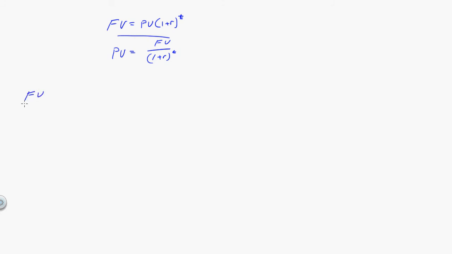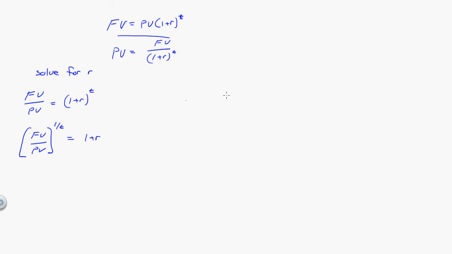Future value divided by present value is equal to 1 plus r to the t. Let's solve this for r. Sorry, I'm doing it right. Solve for r. So now I would say future value divided by present value raised to the 1 over t is equal to 1 plus r.